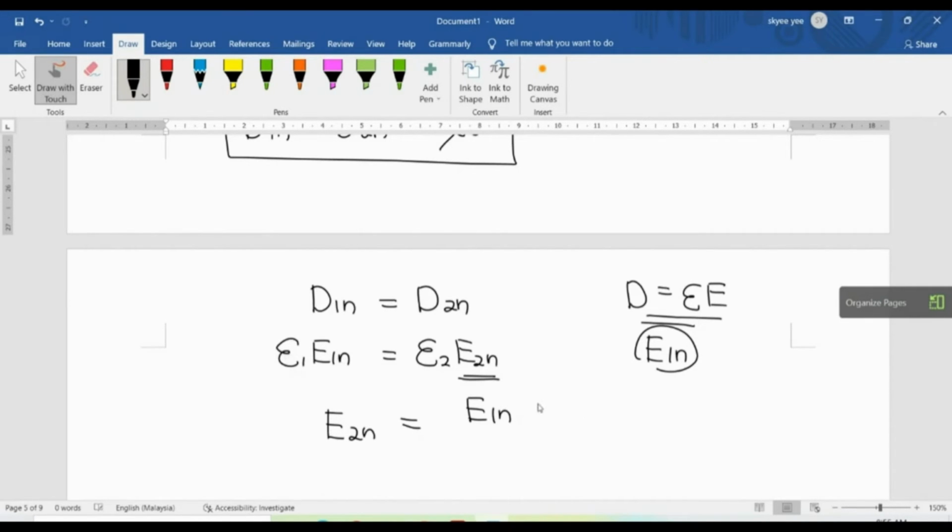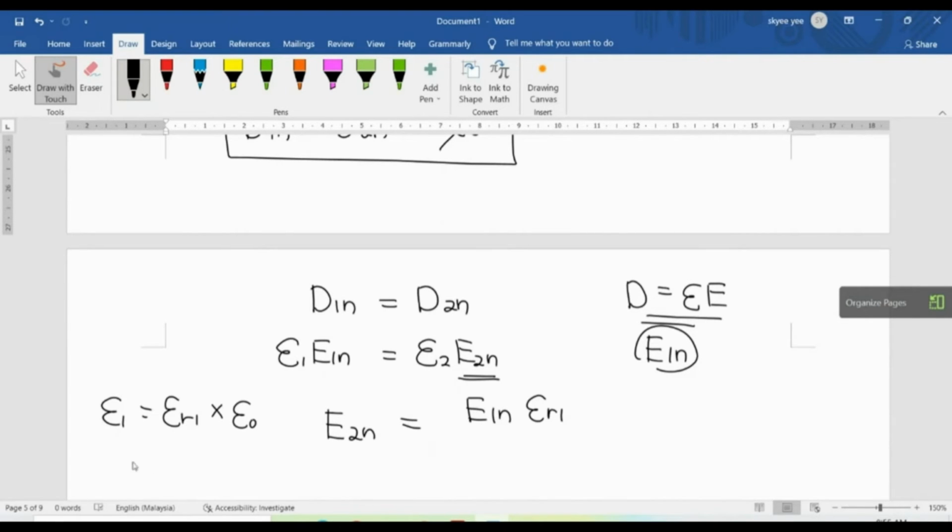Epsilon 1 will be epsilon R1. Can you see the difference? There is an R here. R means that this is a dielectric constant. So I repeat again: this is the permittivity of medium 1, and it is equal to the dielectric constant of medium 1 multiplied by the permittivity of free space.